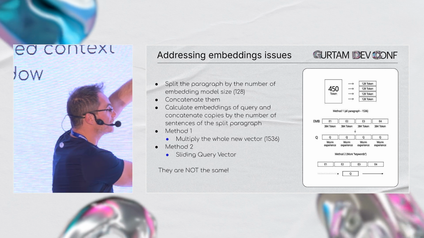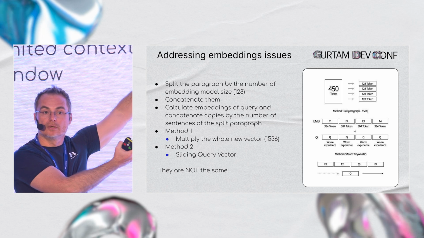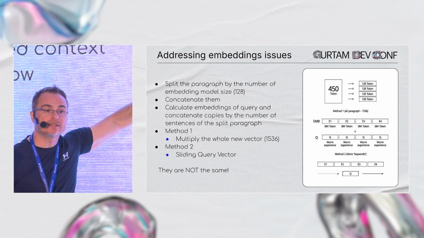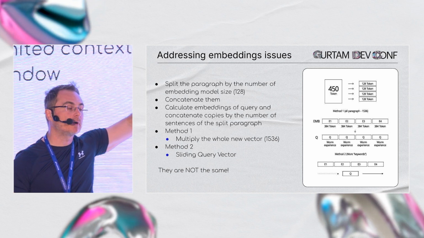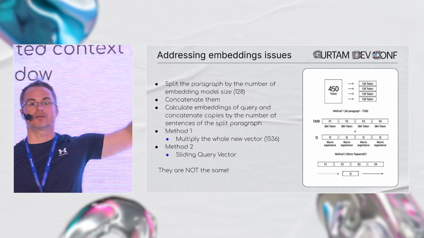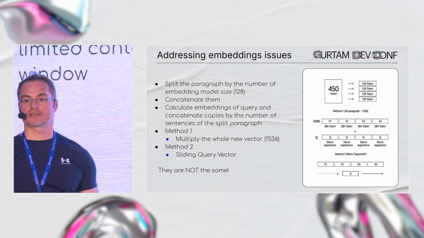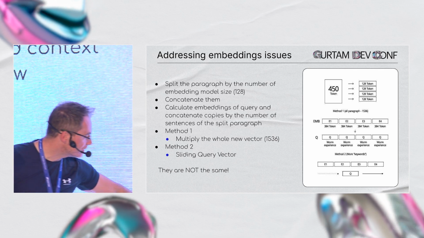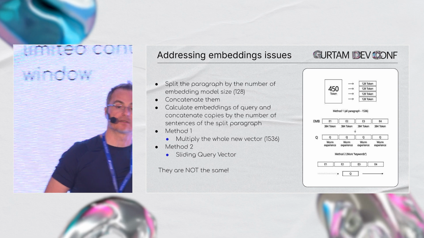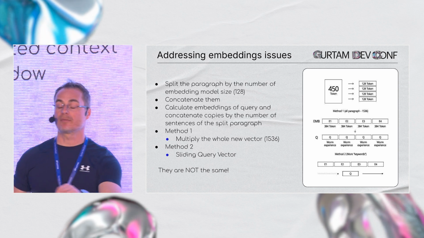But if you reduce this window, this paragraph is talking about the battery of the Audi A6, and this paragraph is talking about the performance of the BMW M5.